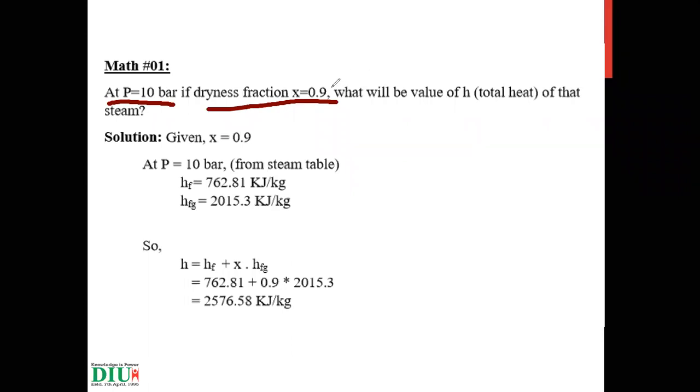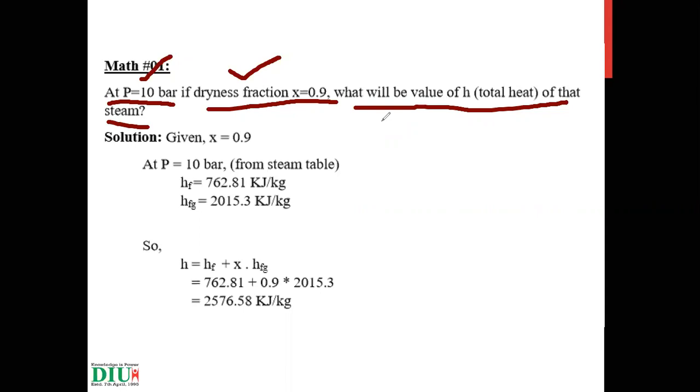Okay, so P equals 10 bar, the pressure value is given, the dryness fraction X equals 0.9, and we are asked for the value of H, the total heat of the system. There is nothing written here about what type of steam it is, but we can guess, because we know there are three types of steam: wet steam, dry steam, and superheated steam.